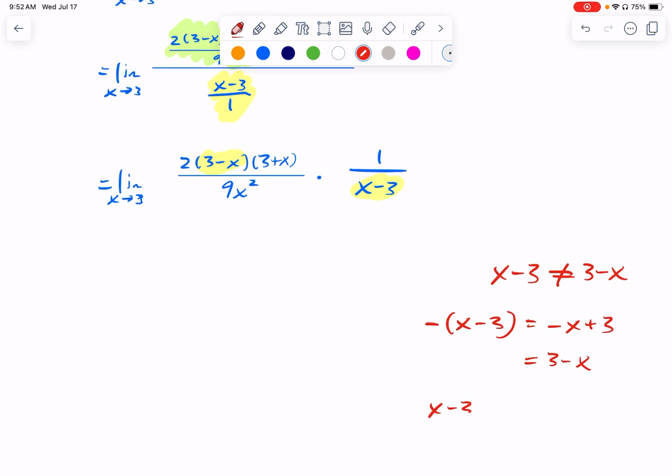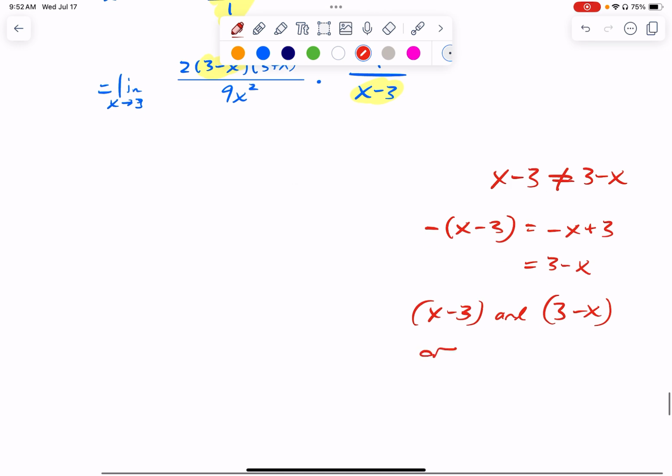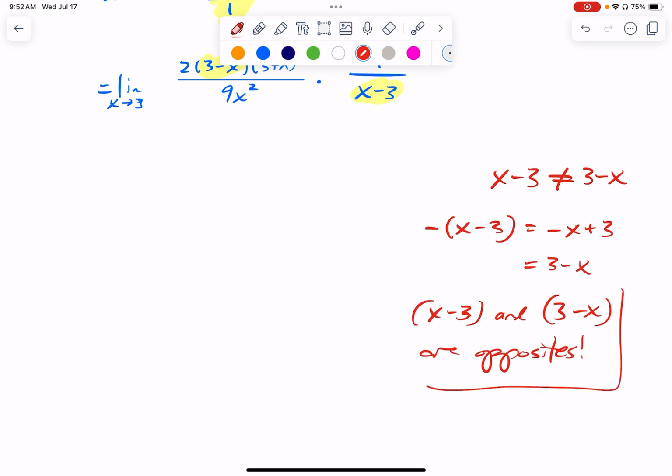So we will note that quantity x minus 3 and quantity 3 minus x, if I subtract in opposite orders, these are opposites. So we can still do a cancellation. We just need to realize that one is the opposite of the other.